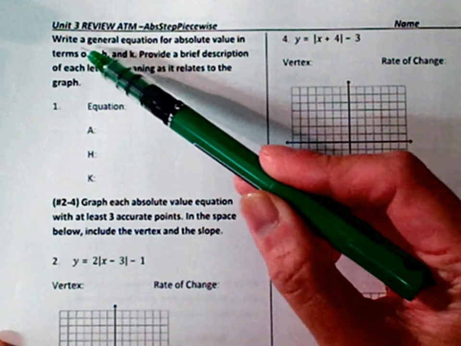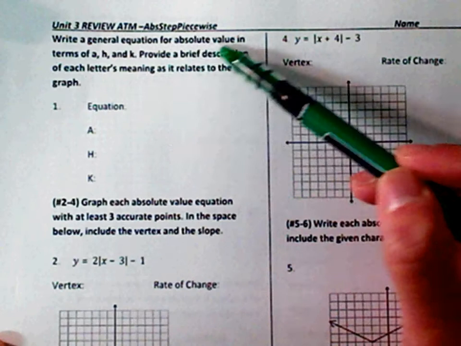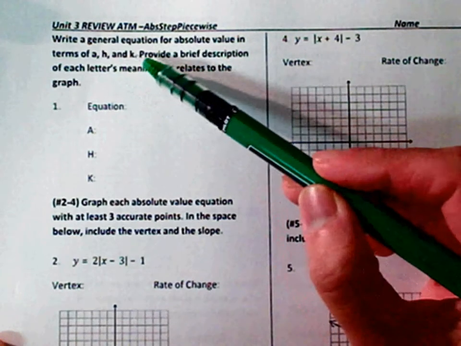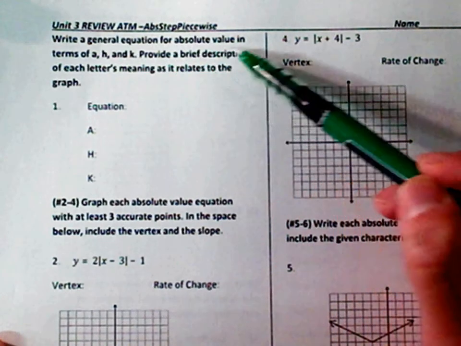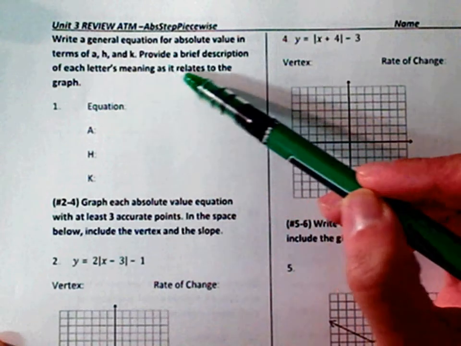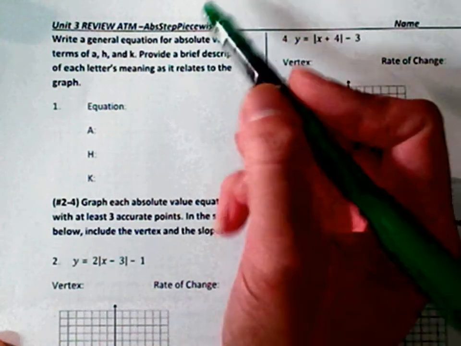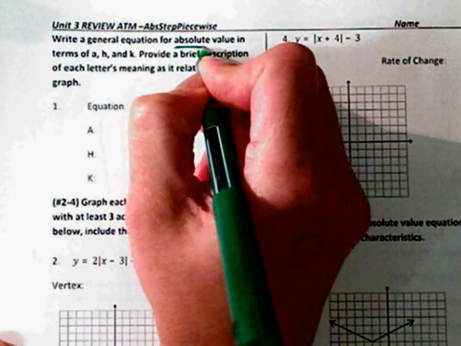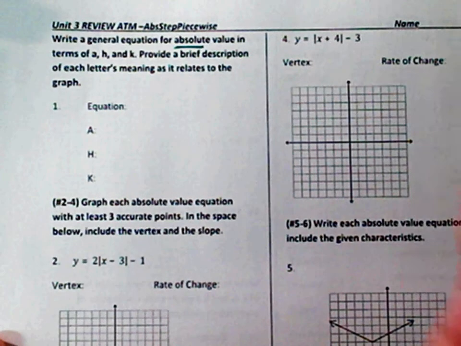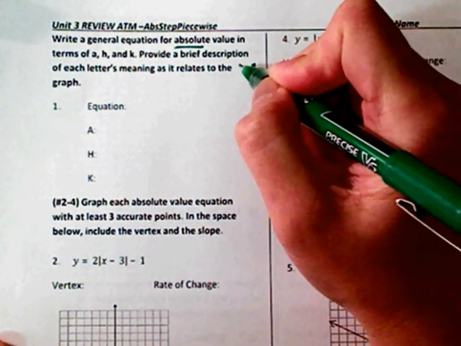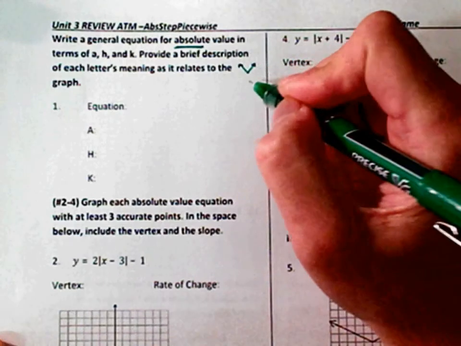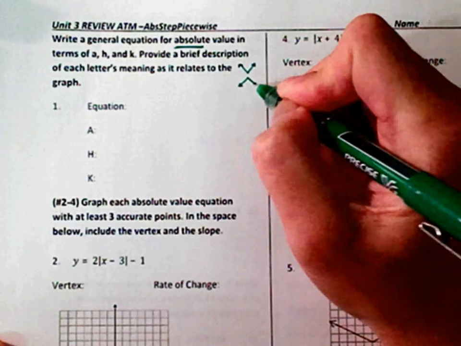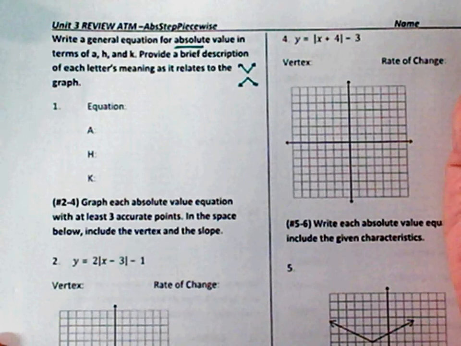Number 1, write a general equation for absolute value in terms of A, H, and K. Provide a brief description of each letter's meaning as it relates to the graph. So, we are looking for an absolute value. If you were to graph this, it would look like a V. That would be your positive slope, or it would look like going the opposite direction, which would be your negative slope.